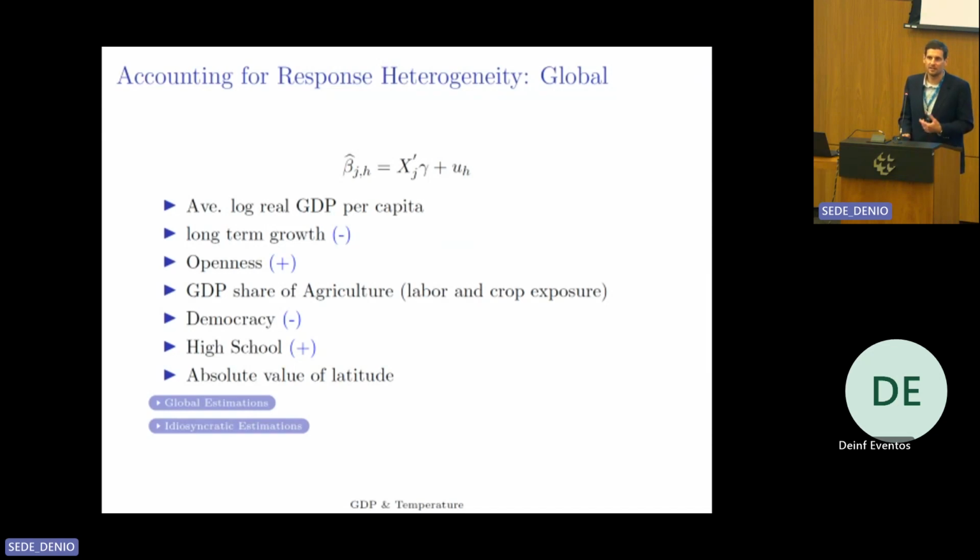It seems that more educated countries respond more positively to global temperature change than countries that had less high school education. We did this for idiosyncratic as well, and we find a lot less for idiosyncratic. It's hard to figure out what is correlated with some of these responses.